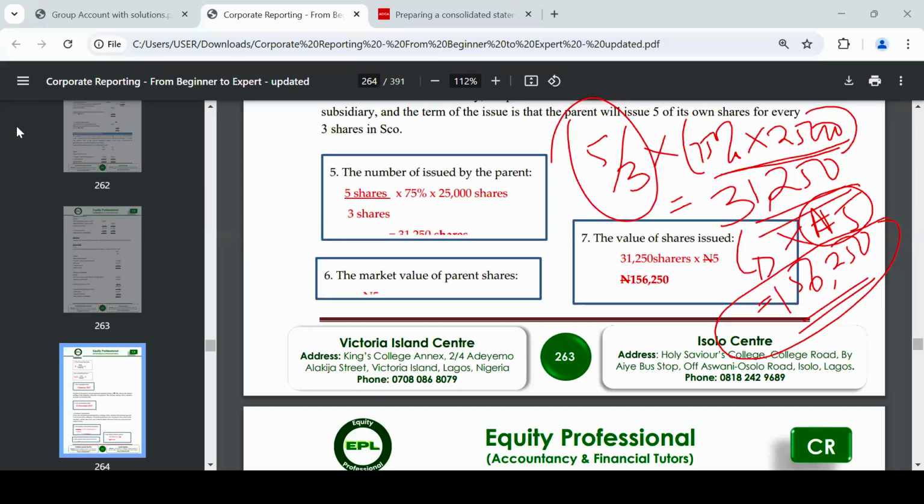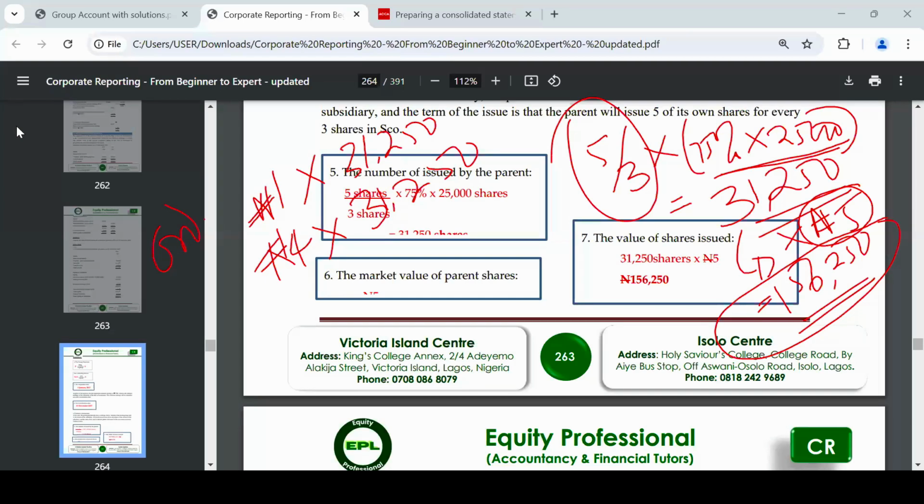Don't forget that in the books, the book value is only 1 naira. So when I'm going to represent the ordinary shares, it should be 1 naira multiplied by 31,250. The remaining 4 naira will be share premium. Let's not forget this. The remaining 4 naira would be share premium.